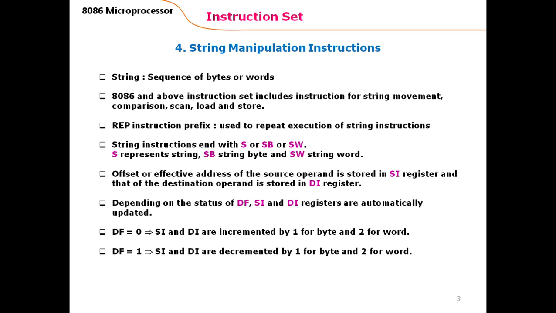The 8086 and above microprocessors include instructions for string movement, to move string data between memory locations, to compare string data, to search or scan string data, to load the accumulator from the memory, or to store the accumulator into the memory. For all these operations, there are string instructions available in all microprocessors.